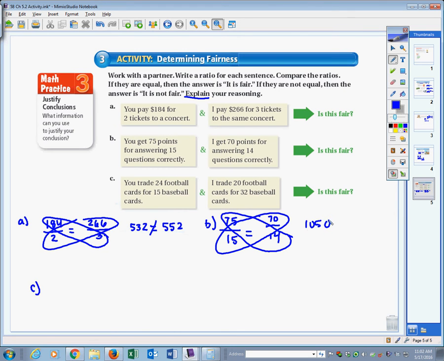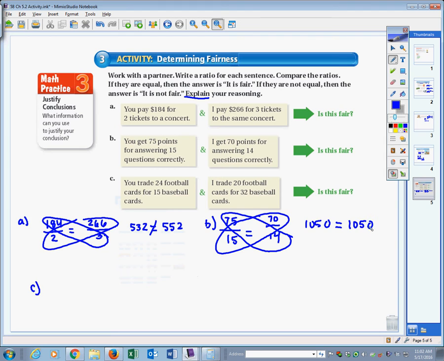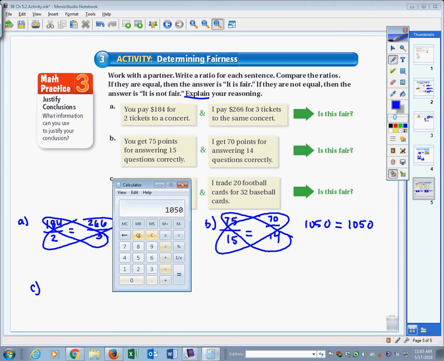Excuse me. And let's take our second set of cross products and say 75 times 14. And that gives us 1050. So this is a proportional statement. To figure out our unit rate, we would divide 75 by 15. So every test question is worth 5 points.